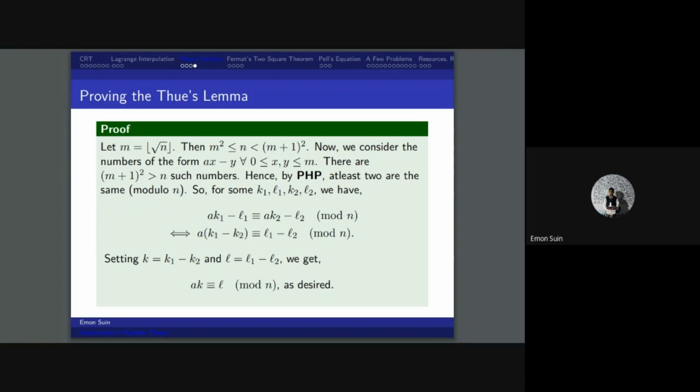If we consider them modulo n, then these values are more than n. But we can have only values from 0 to n minus 1, the possible remainders when we divide by n. If the number of values exceeds n, there must be two equivalent. Are you getting my point?